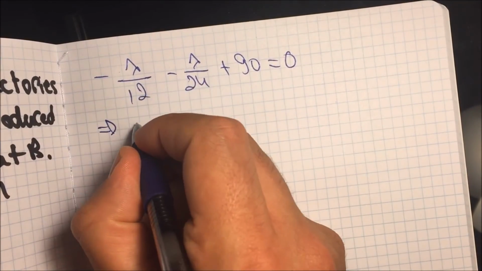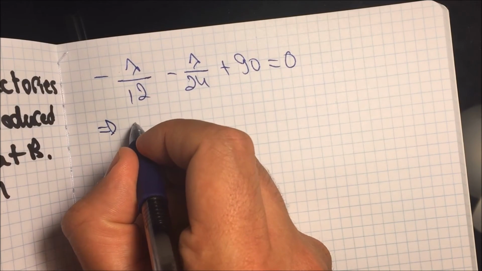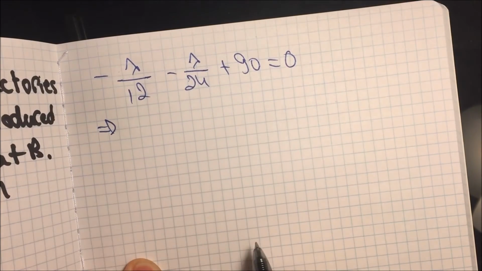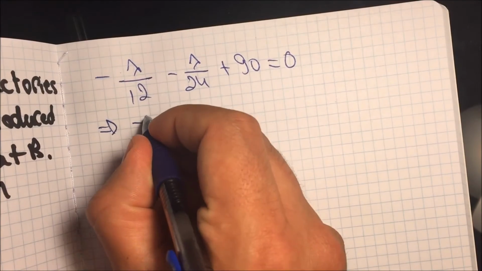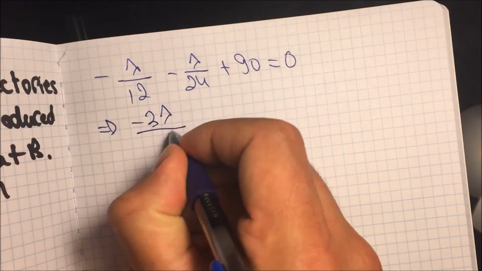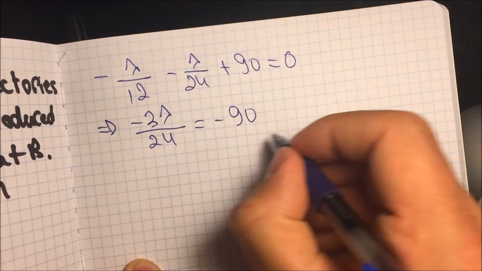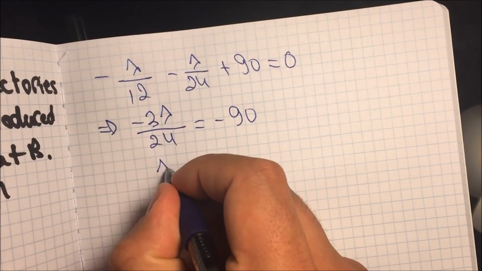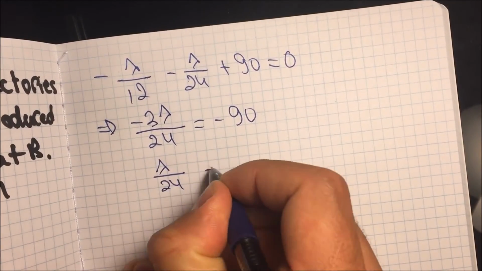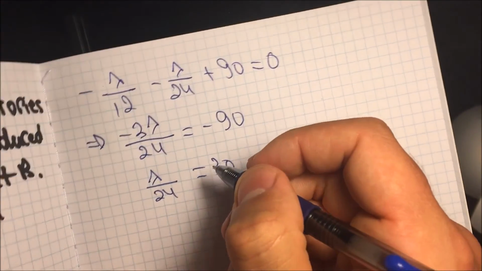Multiplying, we get minus 3 lambda over 24 equals minus 90, which is lambda over 24 equals 30.